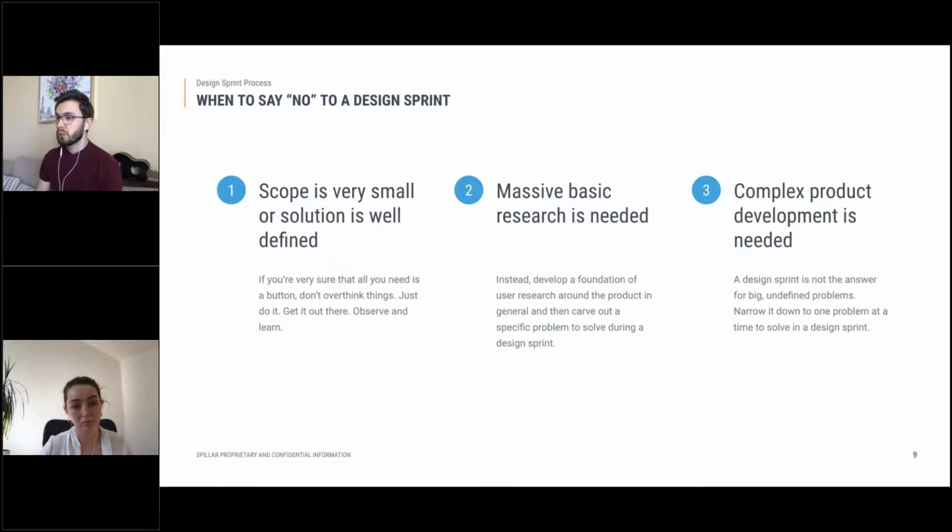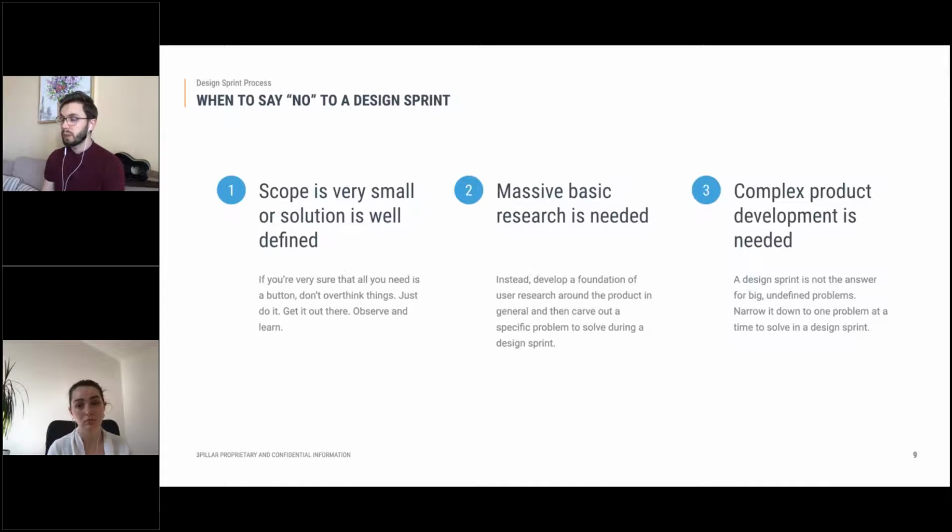Also, we shouldn't assume that design sprints would answer all types of problems. So for example, big issues, big epics would need to be broken down, or need a foundation of basic user research to benefit from a design sprint onwards. So if your feature needs fundamental user research, it will take more than a few days, and that would mean a design sprint is not the right approach.